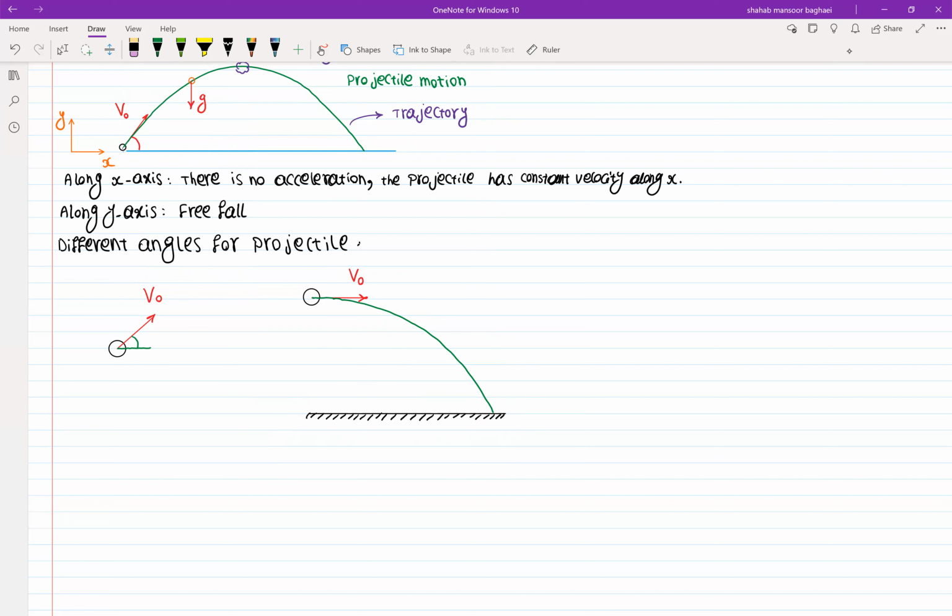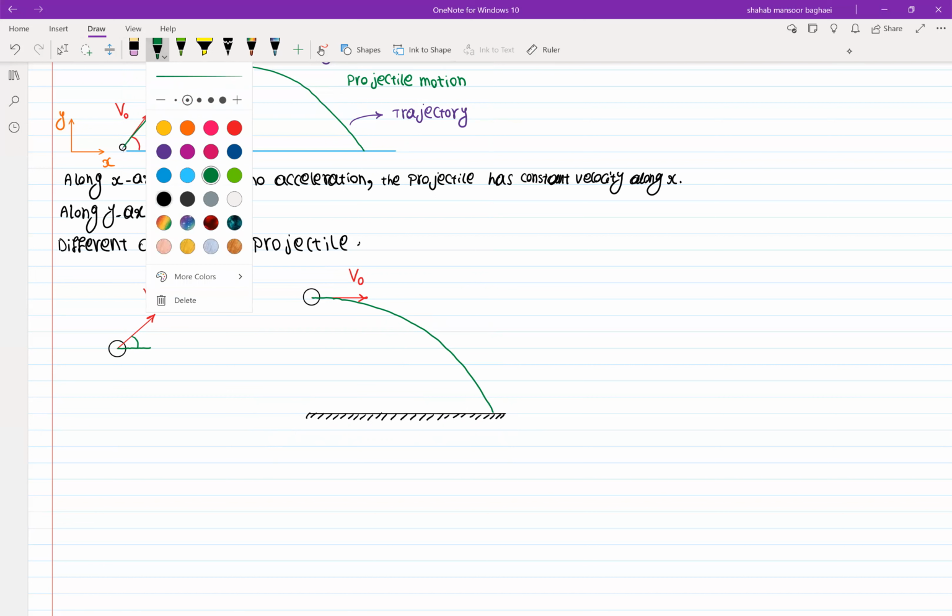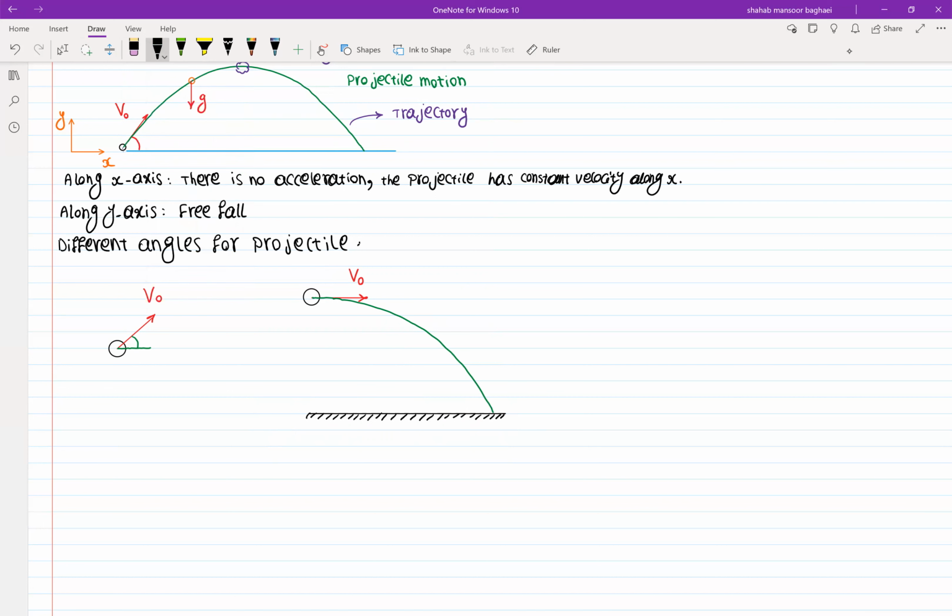It can happen. And that's projectile. But this is your trajectory, this green curve.